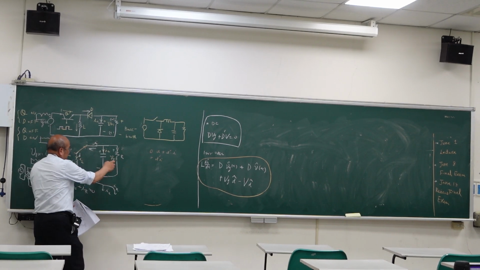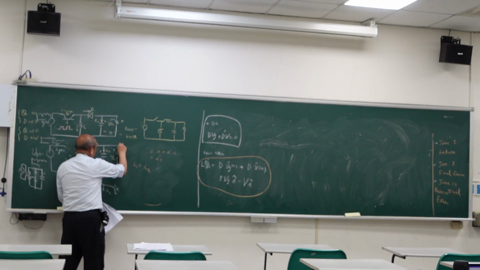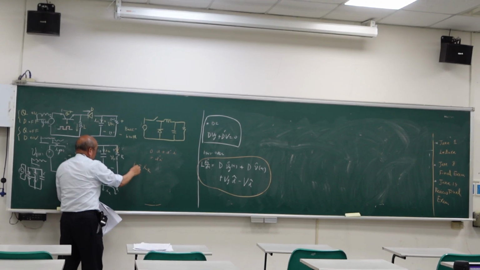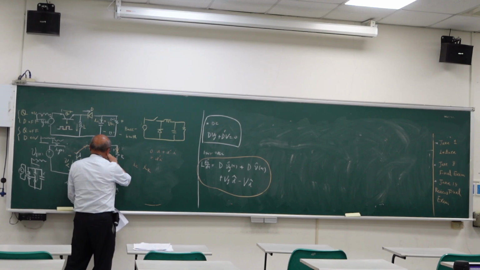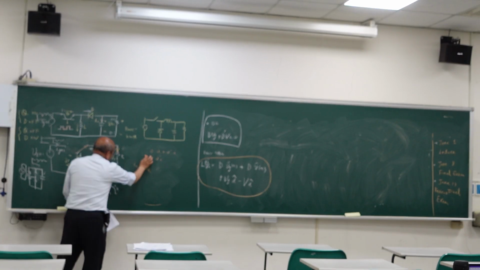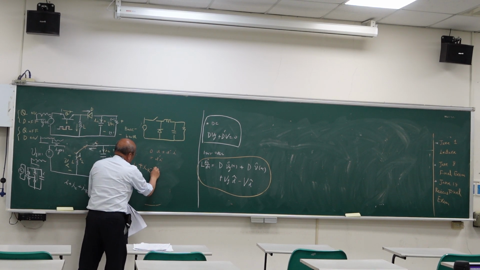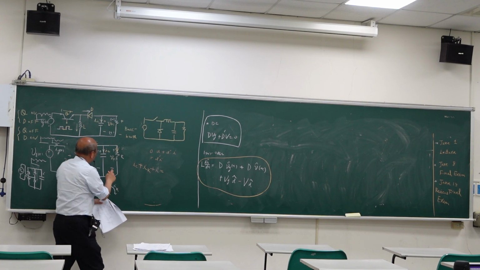So IC equal to IR... we have to say IC plus IR plus I equal to what?